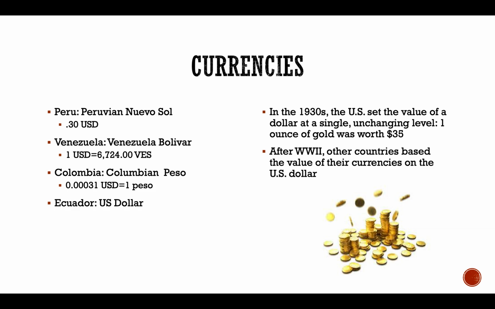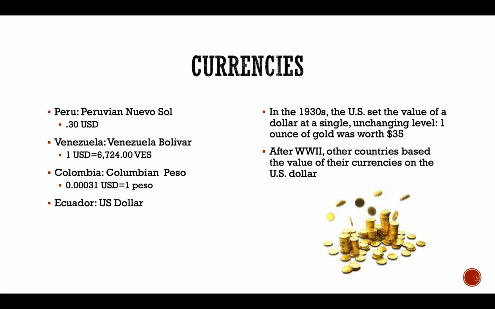Currencies. As we were talking about earlier in the PowerPoint, when we were comparing the average income and per capita income, the Peruvian currency equals about 30 cents of a U.S. dollar.